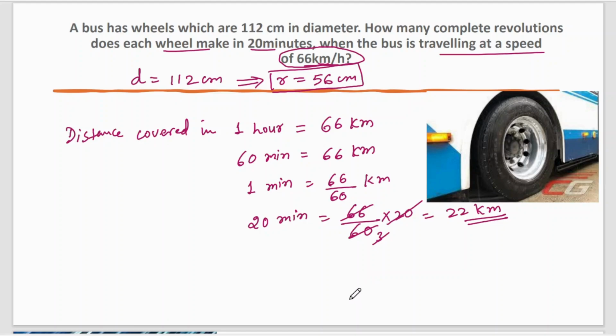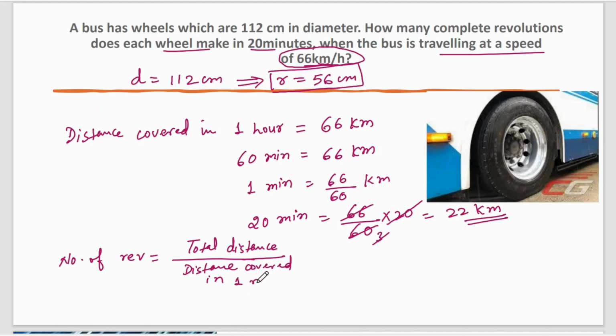Now we have got the distance they have covered in 20 minutes. Now I can easily find the number of revolutions. So number of revolutions equal to total distance covered divided by distance covered in one revolution.